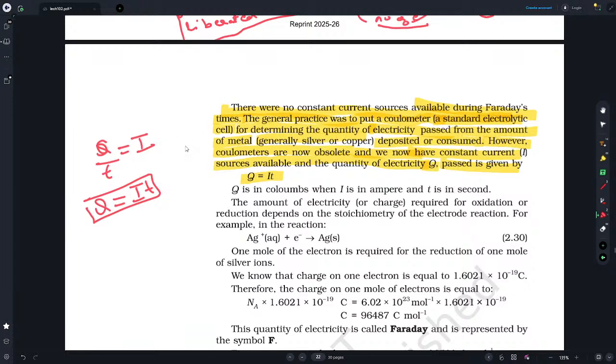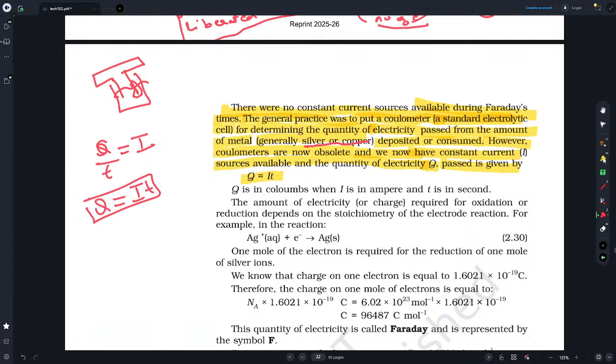They would take a solution, pass current through it, and based on the rate of the reaction, determine how much current was passing.